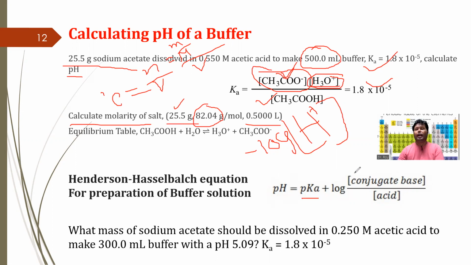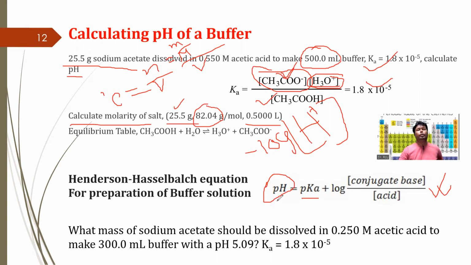What should the concentration of the conjugate base be, and what is the concentration of the conjugate acid? We need to take that. In that way, we can easily find out the value of pH.